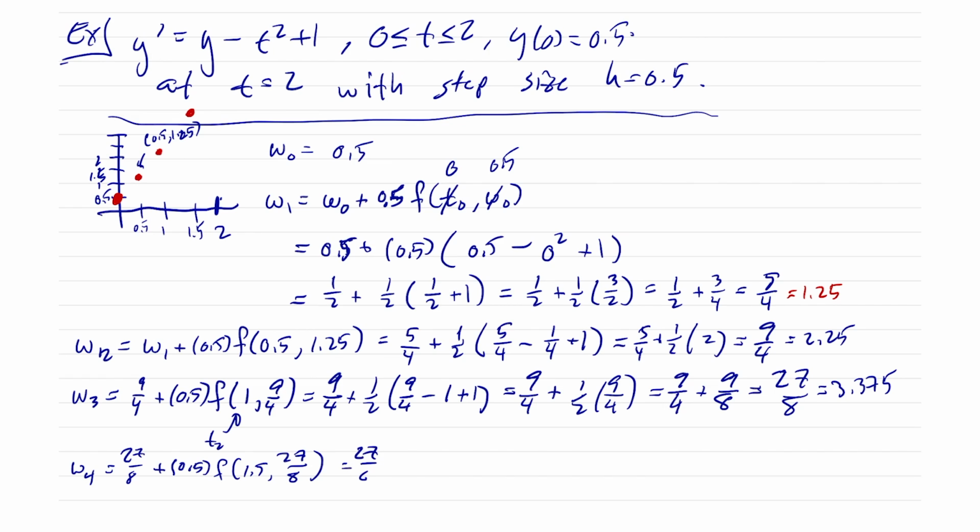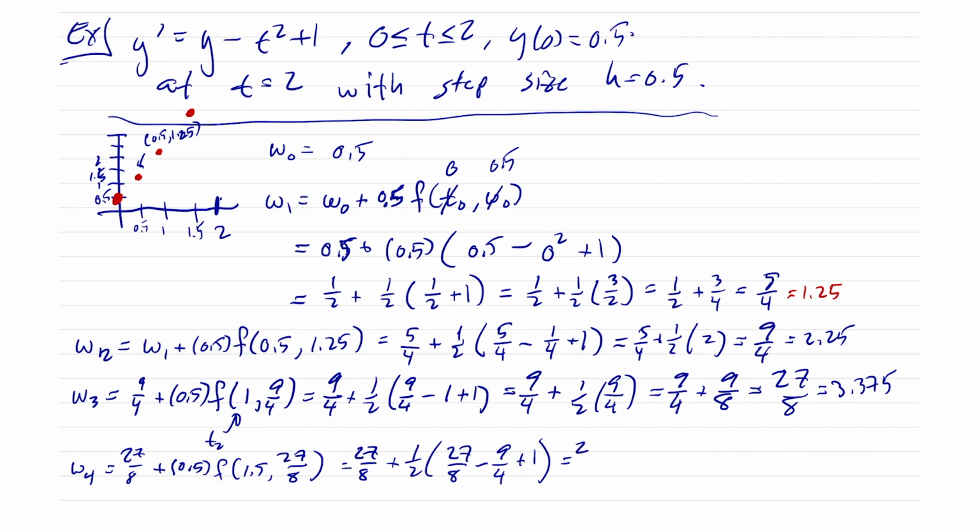All right, so 27/8 plus 1/2 times 27/8 minus t squared, so 1.5 squared. What is 1.5? That is 3 halves squared, so that's 9 quarters, plus 1. Okay, so let's figure this out.